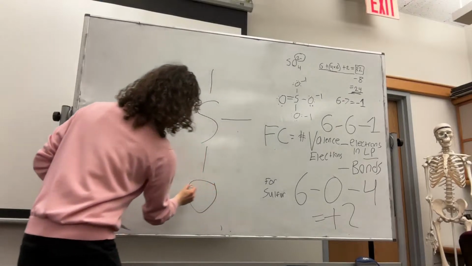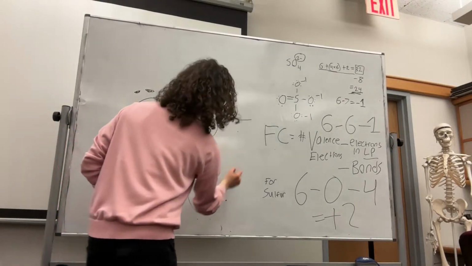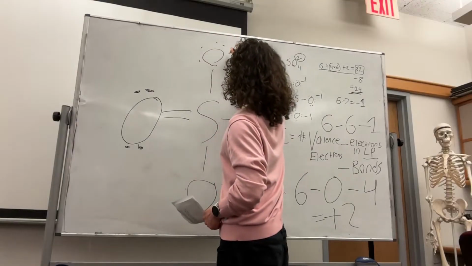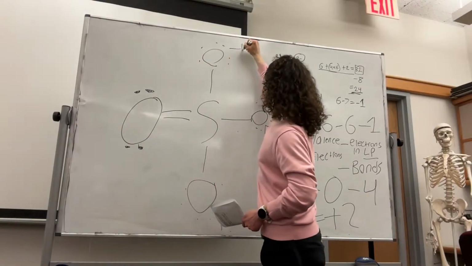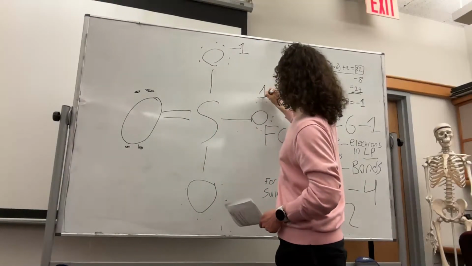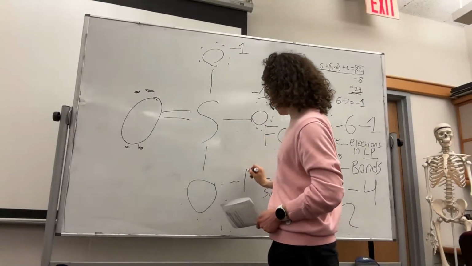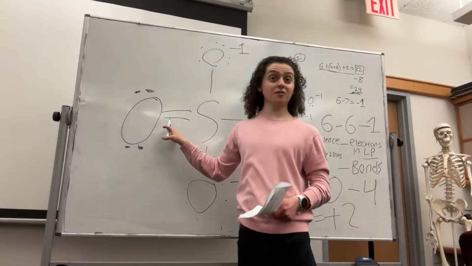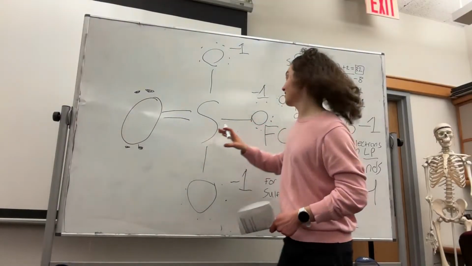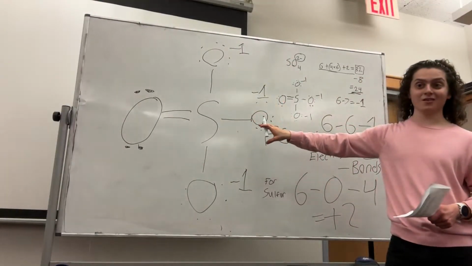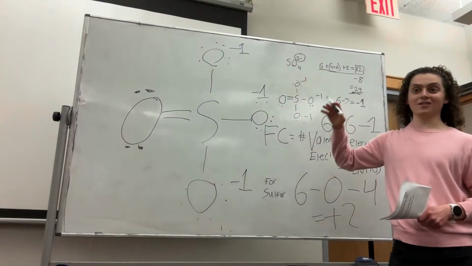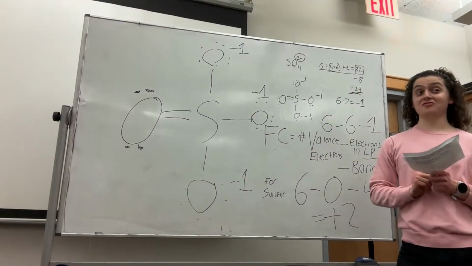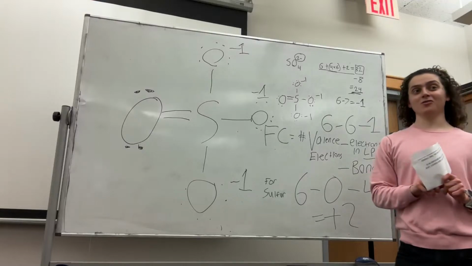Okay, and then we have this oxygen, and these have the same formal charges as they did before. What's the formal charge on this oxygen going to be, though? Because here it's a -1, and we have 1 bond and 6 electrons in lone pairs. If I have 2 bonds and 4 electrons in lone pairs, what might the charge be?